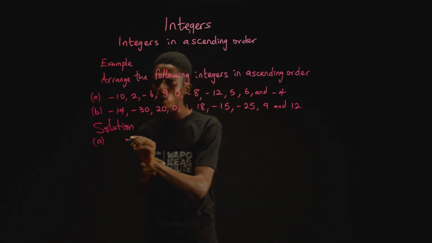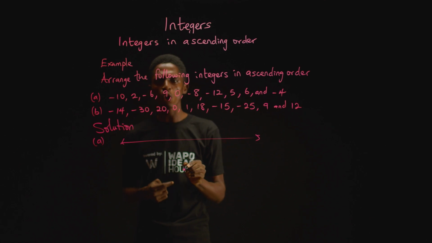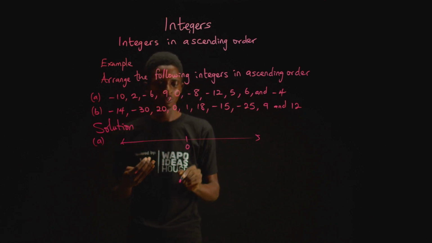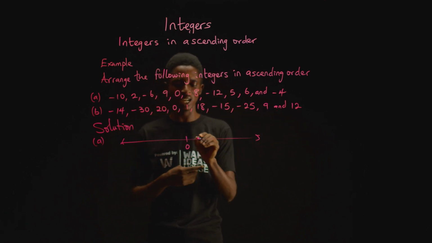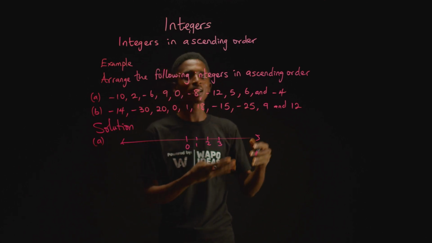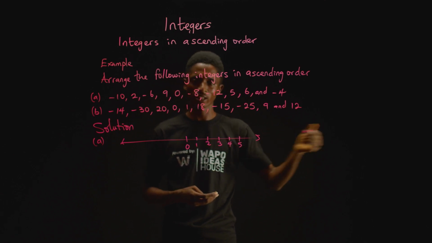Now let us look at what happens when you draw a number line. In your number line, we often tell you to start with 0 in the middle, and to the right of 0 we have the numbers that are positive integers, that is 1, 2, 3. Remember, they always have to be in regular intervals, so that is 4, 5, and so on.